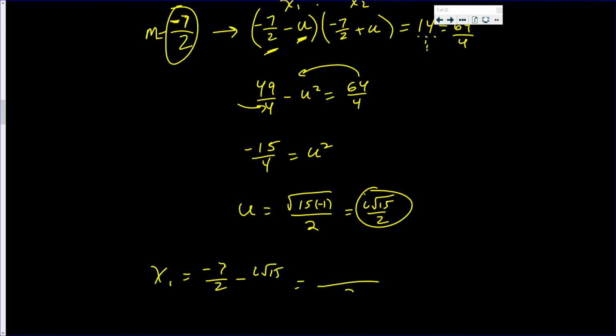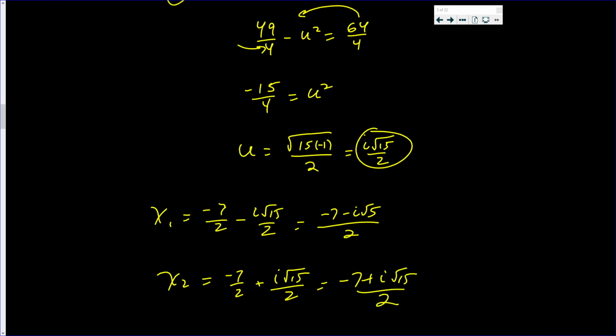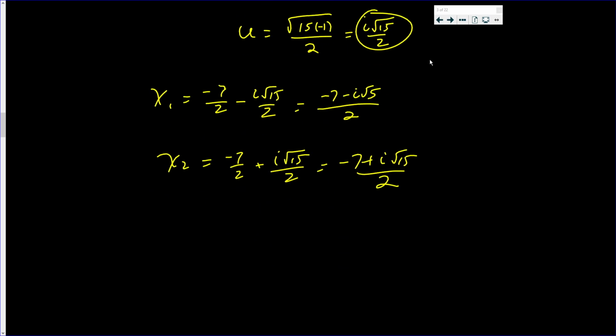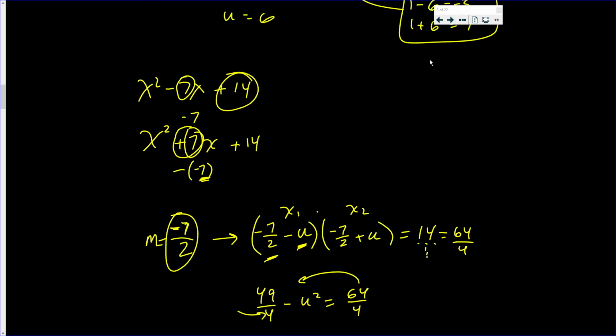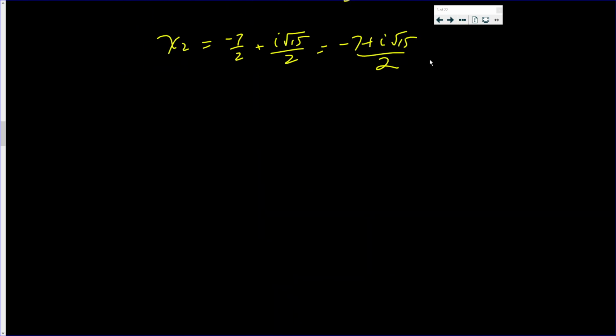And if you like, you can write it with a common denominator of 2. The other root is the midpoint plus i times the square root of 15 over 2, which is negative 7 plus i square root of 15 over 2. You don't need to use the quadratic formula. Now, notice that this only works when the coefficient in front of x squared is 1. Well, that's not going to be a big problem.